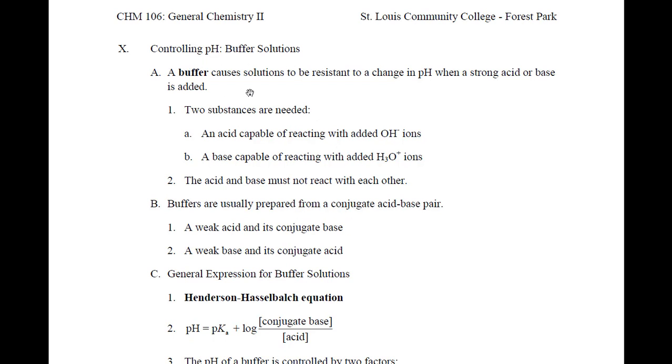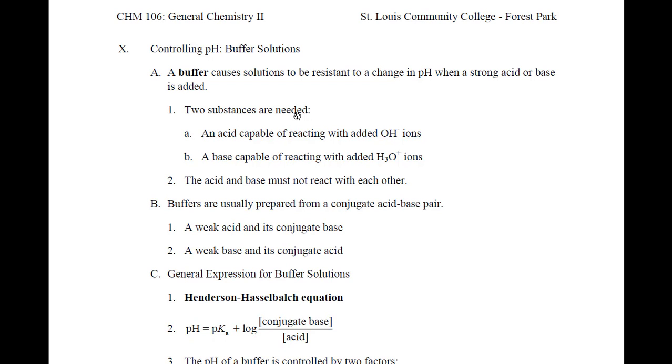So a buffer solution is a solution that is resistant to the change in pH when you add either strong acid or strong base to it. Now, bear in mind that we're talking about very small amounts. Especially if you're thinking physiologically, in the blood the bicarbonate ion is acting as the buffer that keeps your blood at a constant pH, and then there's phosphate that helps keep your cellular materials in check.